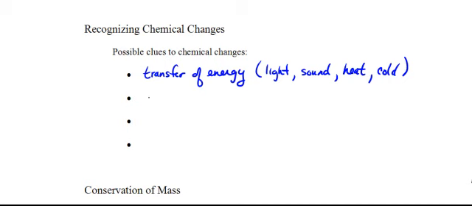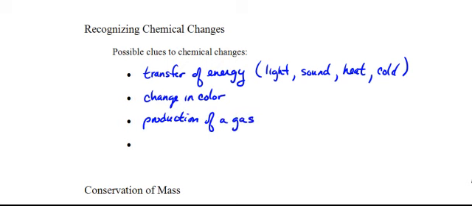You could have a change in color. That often accompanies a chemical change. The production of a gas. What does the production of a gas look like? Well, oftentimes you can see the smoke or the vapor coming out.